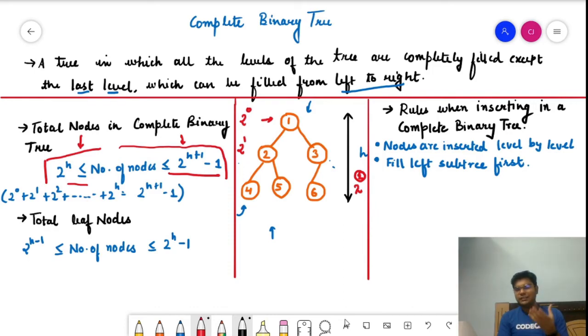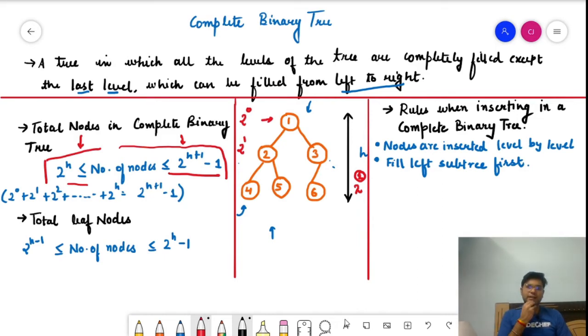But at the last level, we can have all the nodes completed, which can be a part of a perfect tree as well, but we have some incompleteness in the last level. So it is generally less than 2 to the power 2, or 2 to the power h for a certain height.